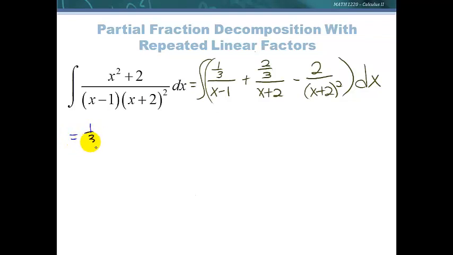So this is going to be 1/3 natural log of the absolute value of x minus 1, plus 2/3 natural log of x plus 2. Remember, when we do these, the chain rule applies. I've considered that here, and the derivatives of those are 1, so we're good. Now, how am I going to work this one?